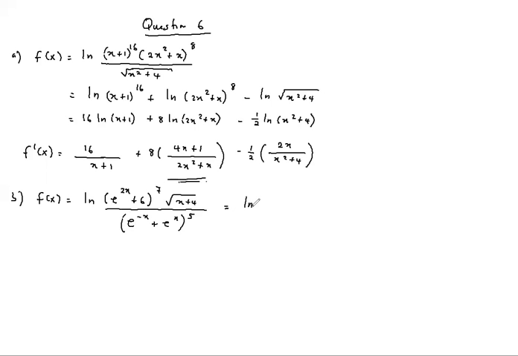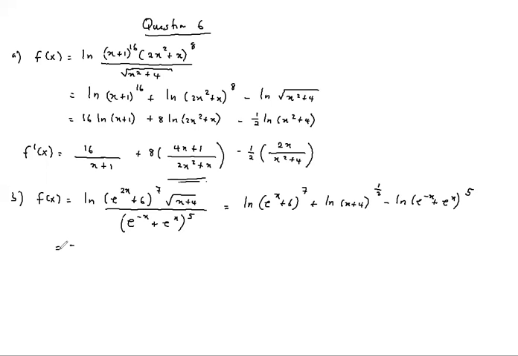So you say this is the same as ln (e to the x plus 6) to the power 7 plus ln (x plus 4). I'll write it to the power half because that's a square root, minus ln (e to the negative x plus e to the x) to the power 5. Then what next?